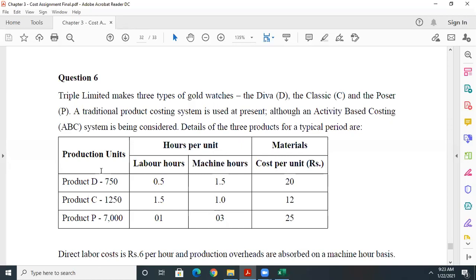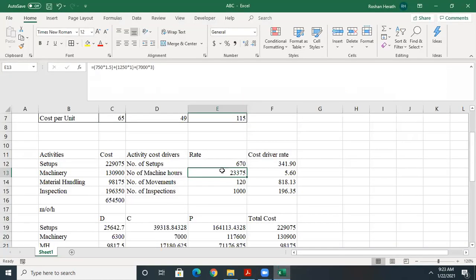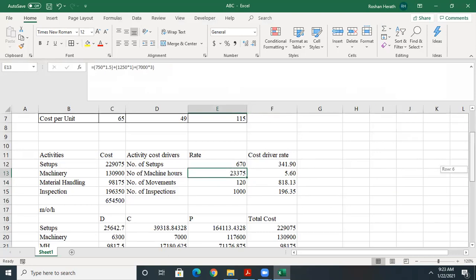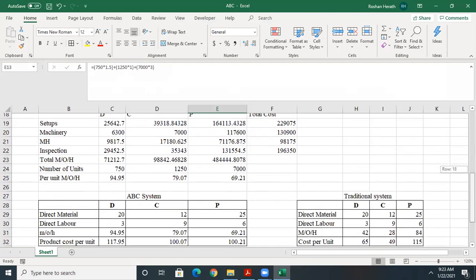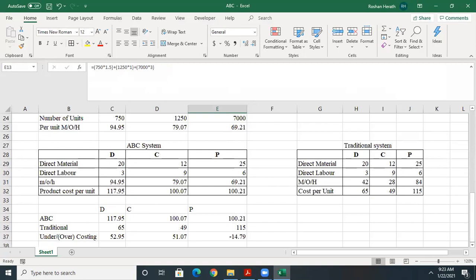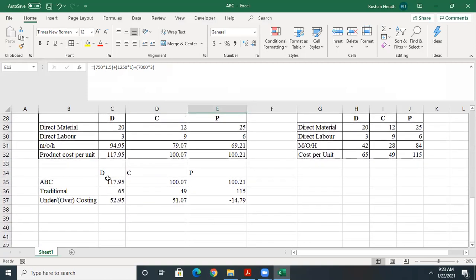So if you multiply it by the number of units of the product, you would get the total machine hours. It was 715 into 1.5, 1215 into 1, 7000 into 3. And that's how I managed to get that. Okay, fine. So this is what we call the undercosting and overcosting scenario.